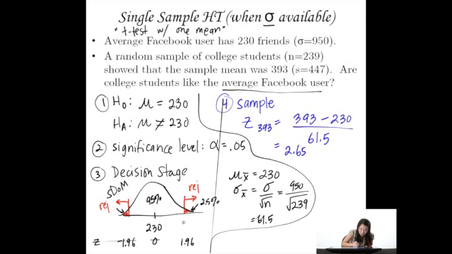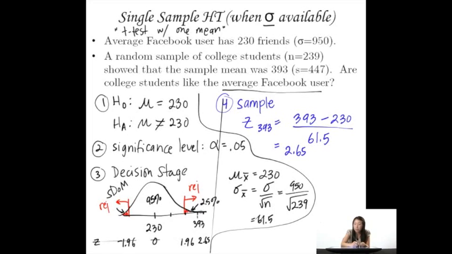So now I could draw it. So here, this is maybe 1 z-score away. This is almost 2 z-scores away. Let's say this is 3 z-scores away. I know that my 393 is somewhere around here, because it's around 2.65. Now, this area is very, very tiny.